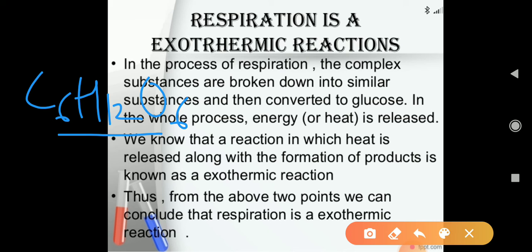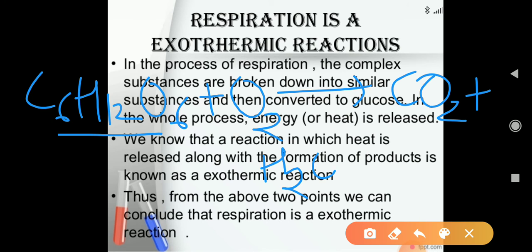Then the oxygen that we take in through breathing reacts with this glucose. When oxygen reacts with any substance, the reaction is called a combustion reaction. So a combustion reaction takes place here, and glucose is converted mainly into carbon dioxide plus water, and one more important product, heat or energy.